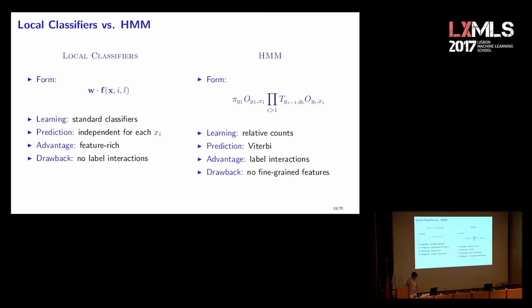So to recap, so far you've seen two sets of techniques. One is just linear classification. How we would approach sequence prediction is by having independent predictions for each position. The main advantage is that this is very feature rich. This is a black box where we supply the templates.